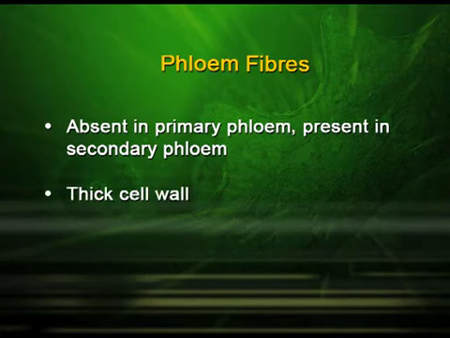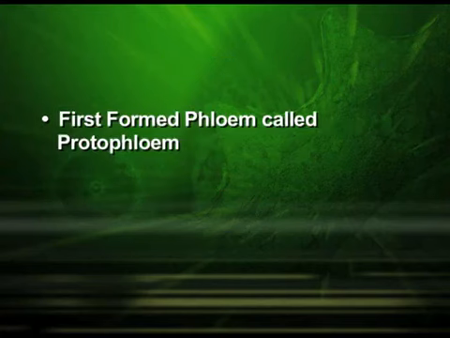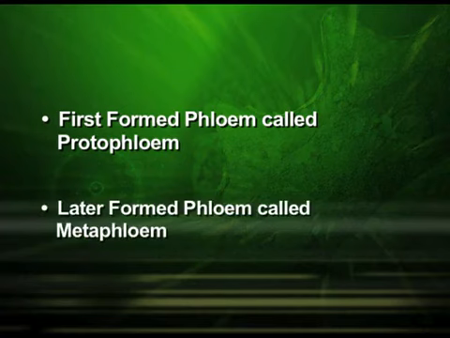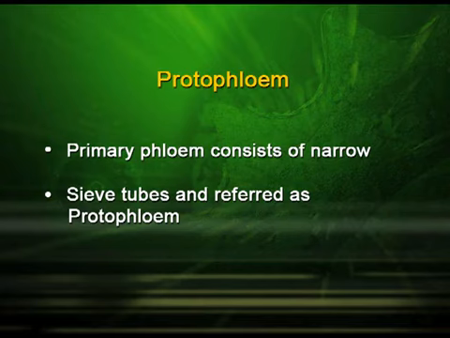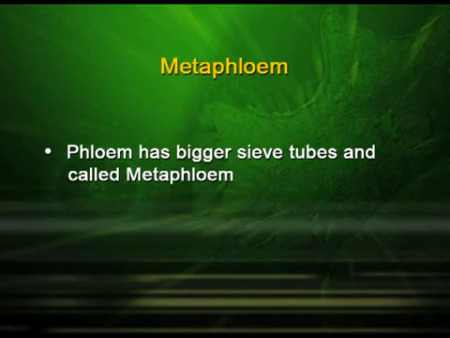They have a thick cell wall. The first formed phloem is called the protophloem and the later formed phloem is called the metaphloem. Primary phloem consists of narrow sieve tubes and is referred to as the protophloem. Phloem which has bigger sieve tubes is called metaphloem.